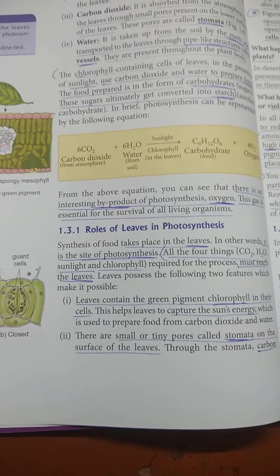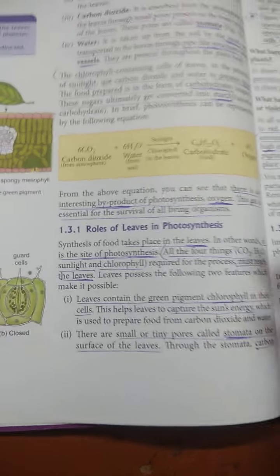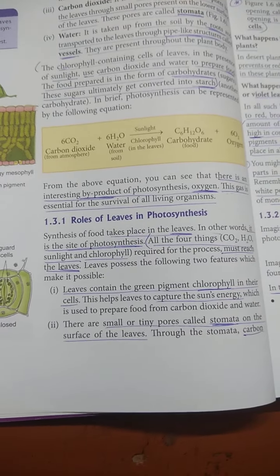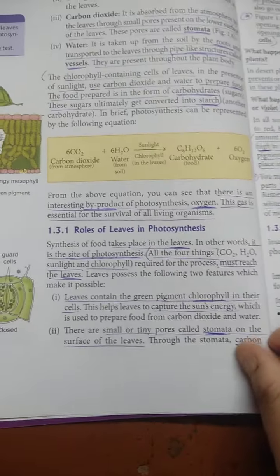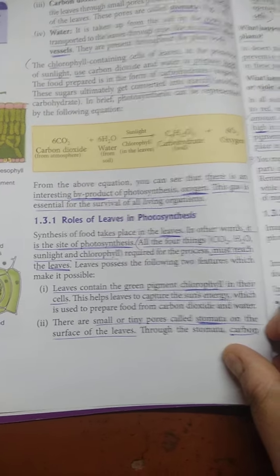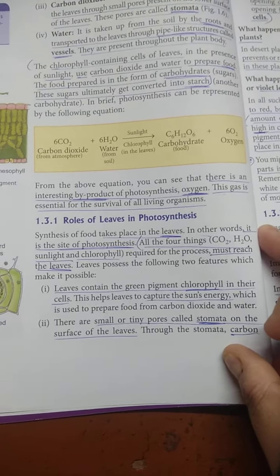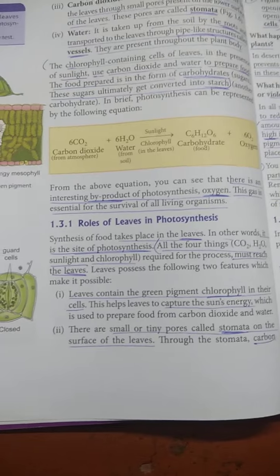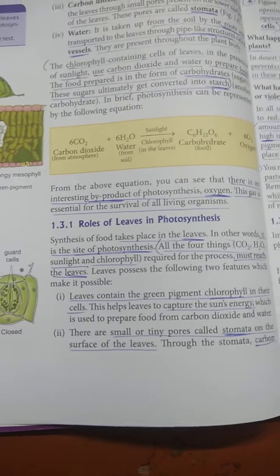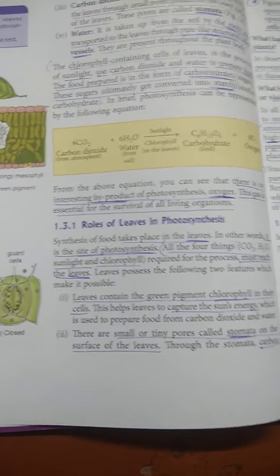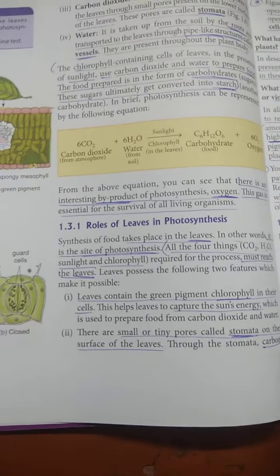So how the four raw materials reach the leaves, we will talk about now. At first, leaves contain the green pigment chlorophyll in the cell. They help leaves to capture the sun's energy. So the solar energy is absorbed by the chlorophyll which is present in the green leaves.